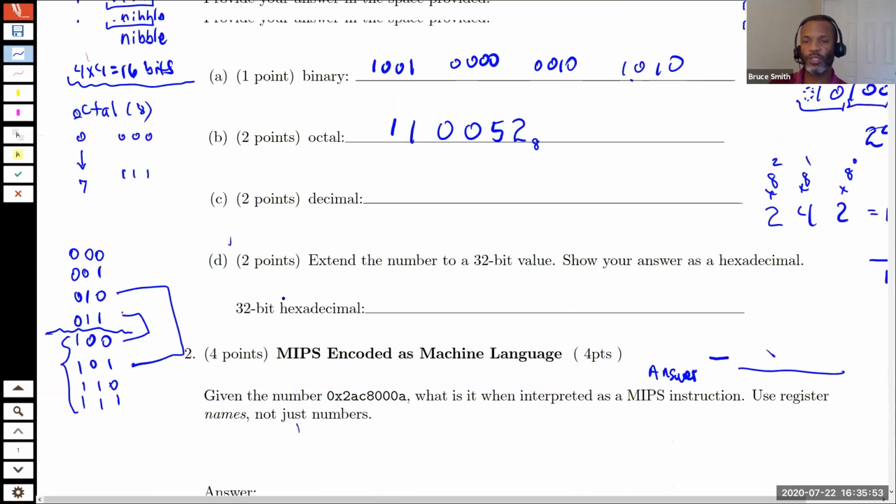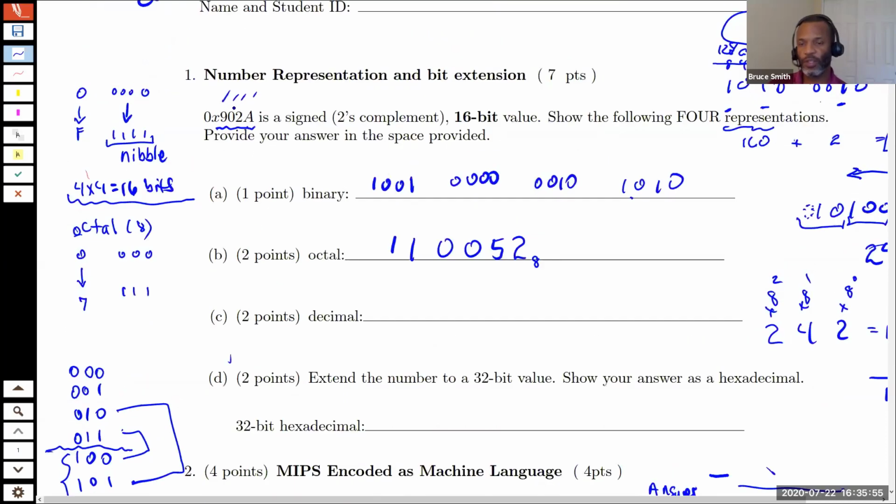That helps me out because I can look at this value here and I know right away that that's negative because there is a 1 sitting in front of it.